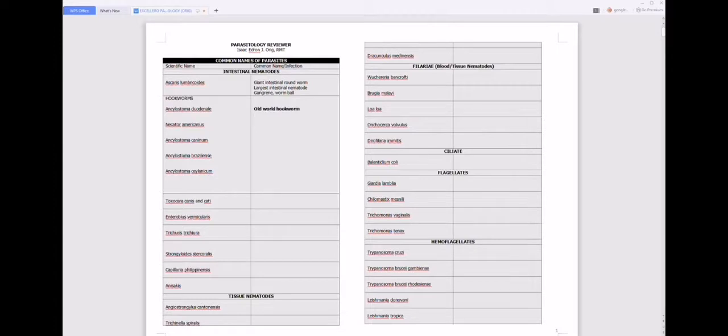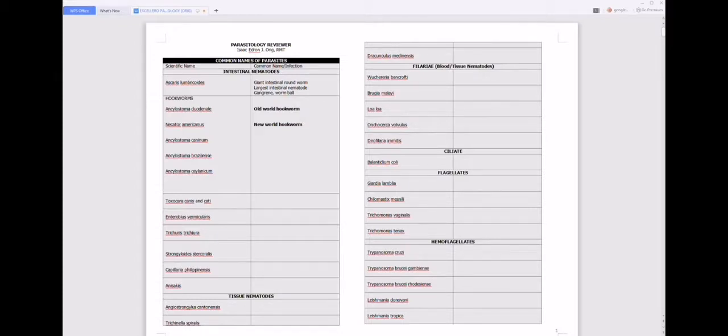So N, New World hookworm. Tapos diba parang mas social siyang Americanus. So New World, American, New World. So Old World hookworm, Ancylostoma duodenale, and Necator americanus is New World hookworm.